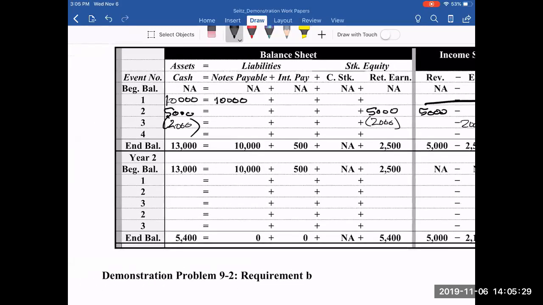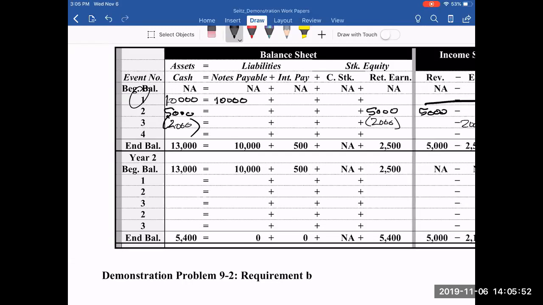And then transaction 4 is that you accrued interest expense on that loan. So if you remember, the total amount of the loan was the $10,000, which is what we recorded here in transaction 1. And the amount of interest is 6% annually.